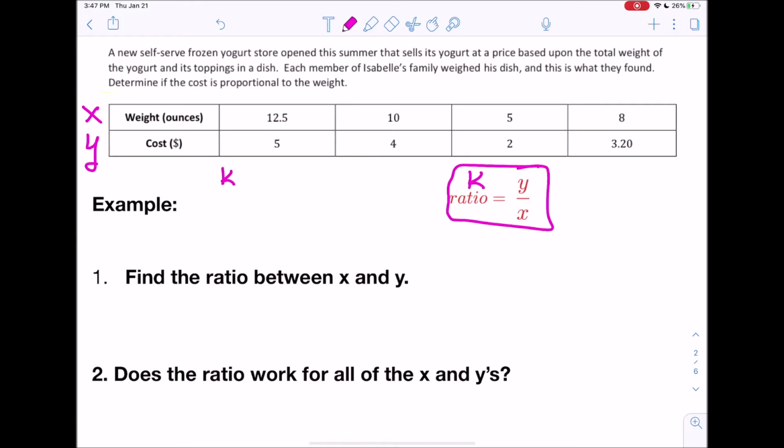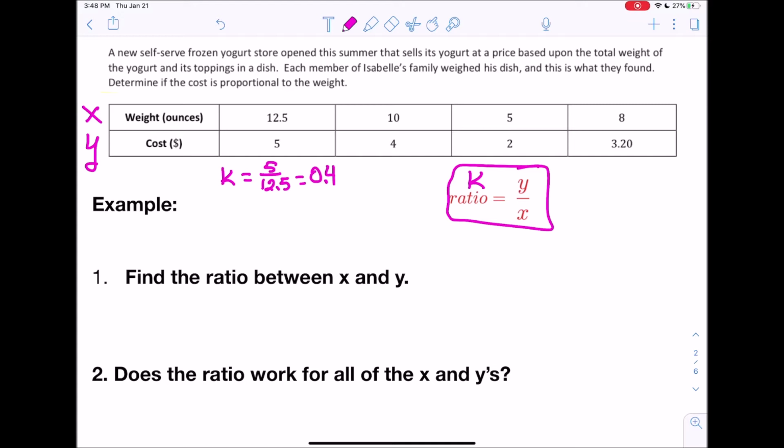For the first one, k equals 5 divided by 12.5, and that equals 0.4. So that means for 1 ounce of yogurt, it costs 0.4 or 40 cents.